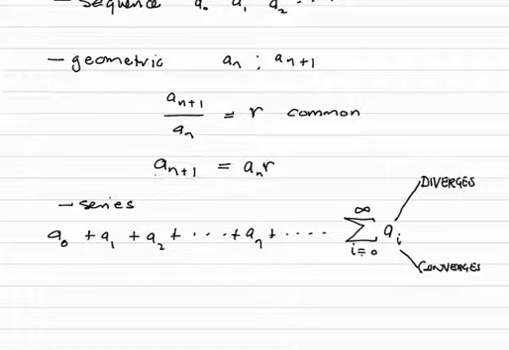Now let's look at how, first of all, before we can get to the sum of a series, we start at partial sums.